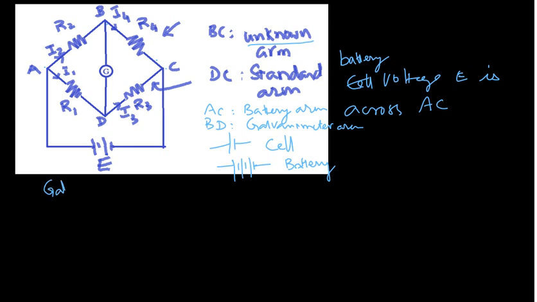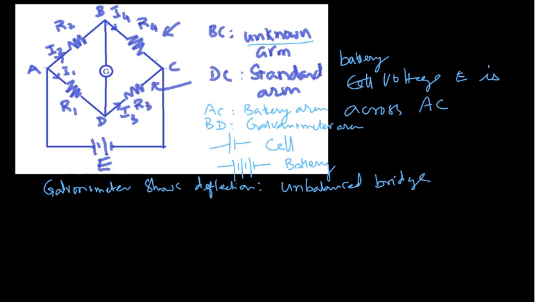When the galvanometer shows deflection, then we call it the unbalanced bridge. Connecting four resistors like this is itself called a bridge arrangement.